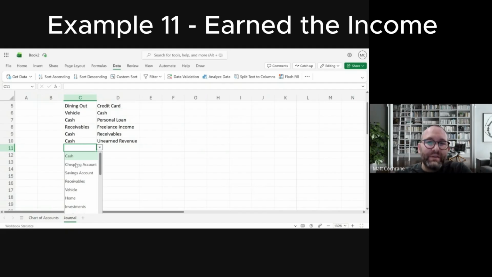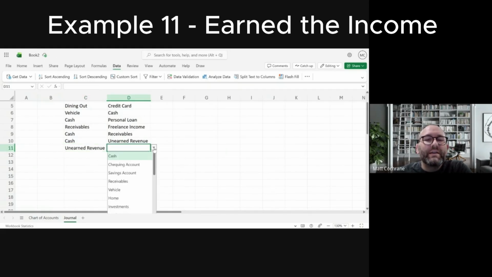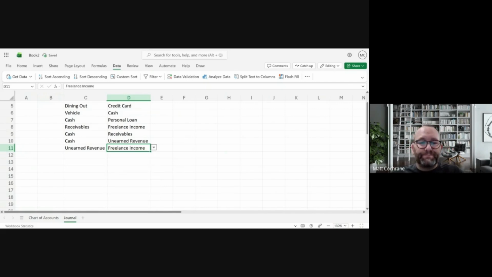Remember, a debit to a liability decreases the liability. So we're going to go to unearned revenue here. And then we're also going to credit, not cash. We already received the cash. Now we've actually earned it, so we can credit our freelance income.